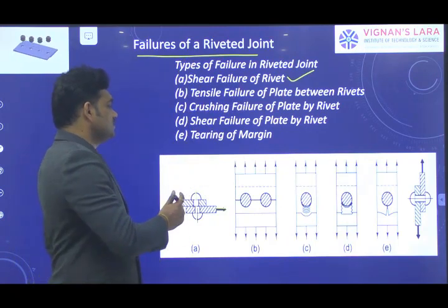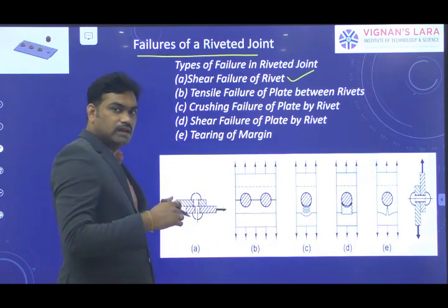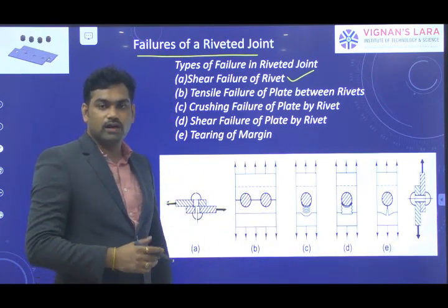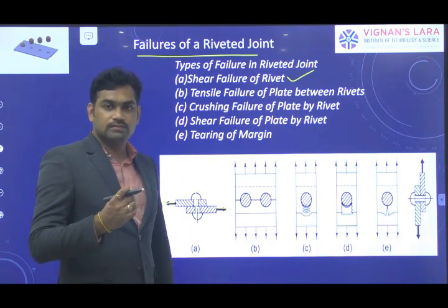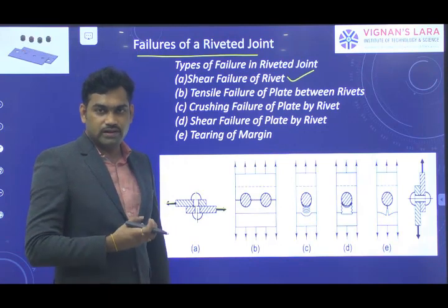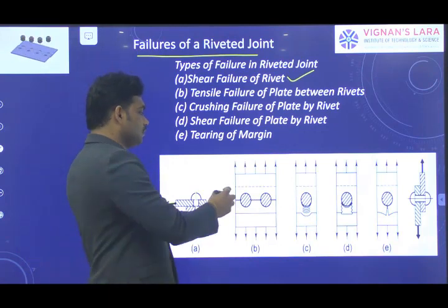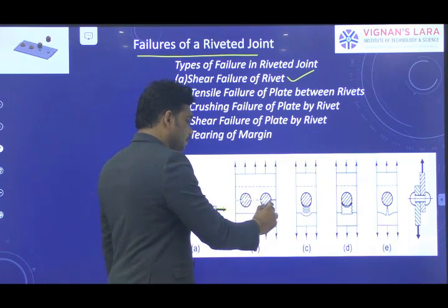And the second one is a tensile failure, which means by the application of the load. Whenever we drill holes along the line, we are removing material, which causes a reduction in strength. So whenever we apply a load, there is a possibility of tearing.